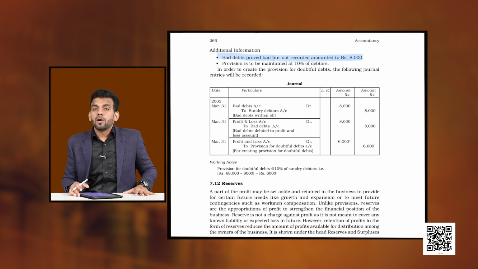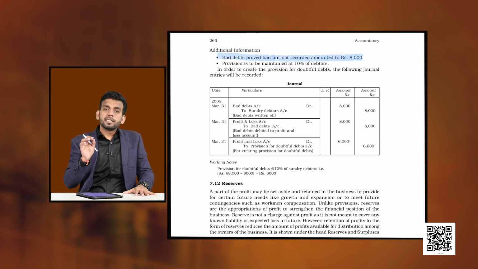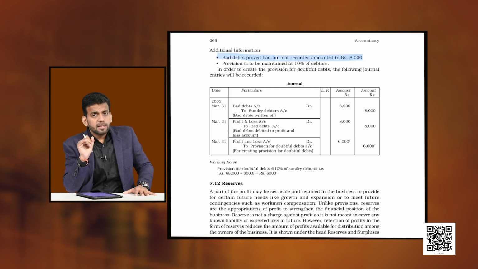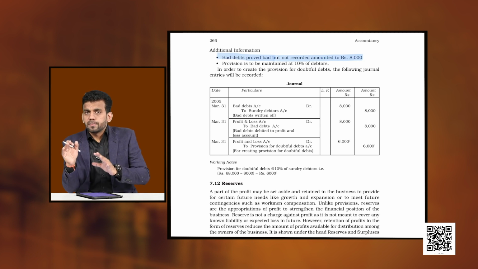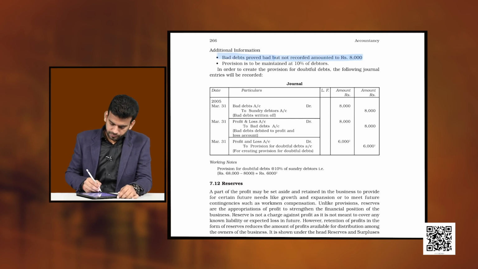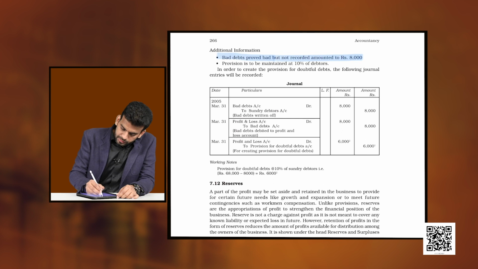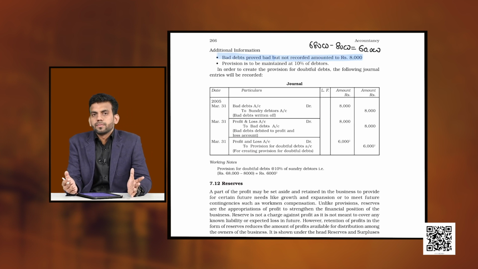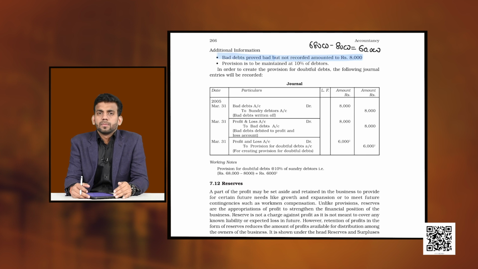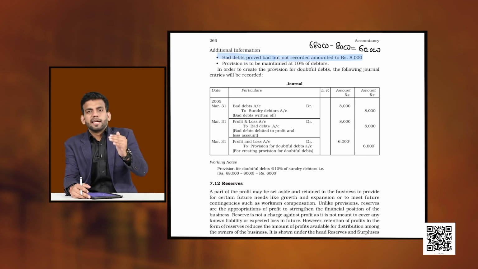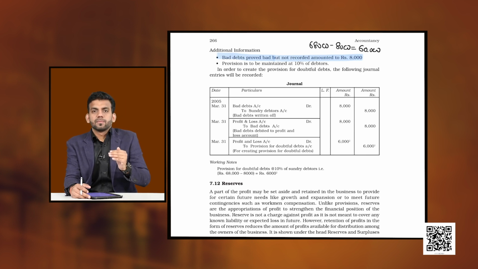That means debtors are 68,000 minus 8,000, 60,000. Isn't it?